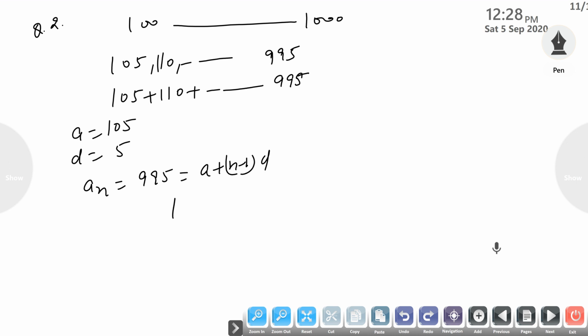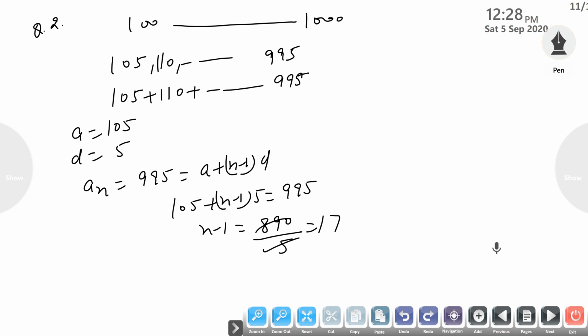Then put the value of A, 105 plus n minus 1 into D, this is equal to 995, and n minus 1 equal to, minus 105, so we have 890 upon 5, which is 178. So total number of terms in this series is 179.